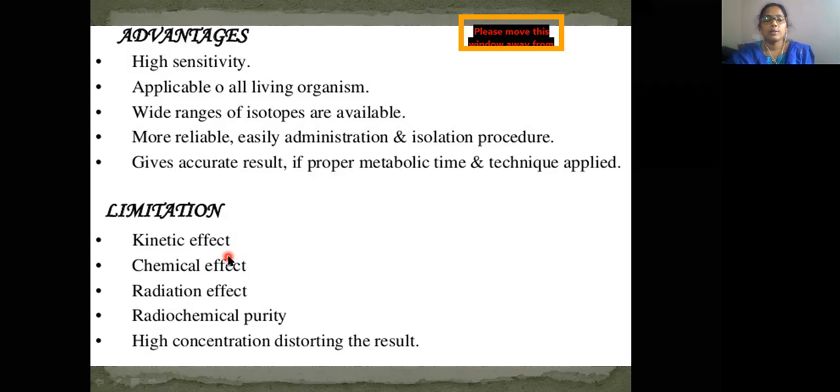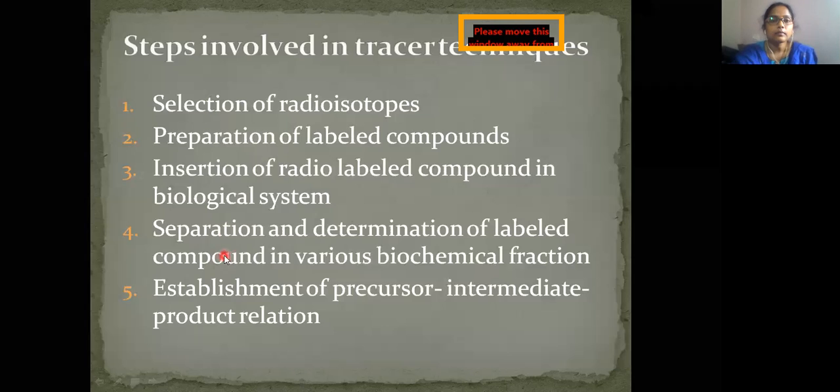Based upon the purity, it will interfere with the results, and high concentration can distort the results. If you use high concentrations, it may distort the results. These are the limitations.